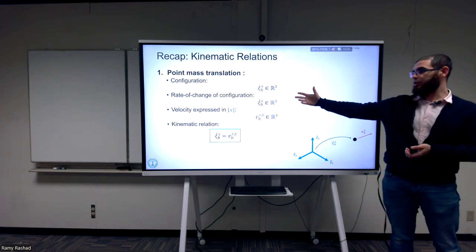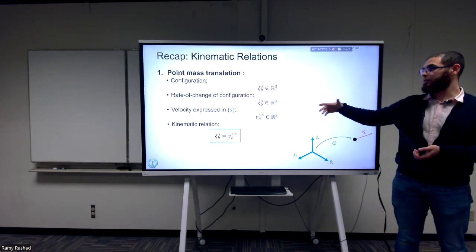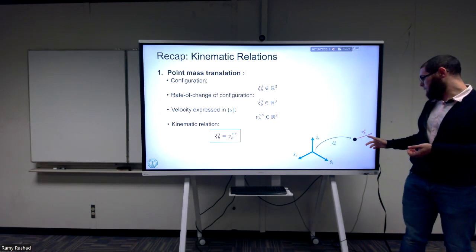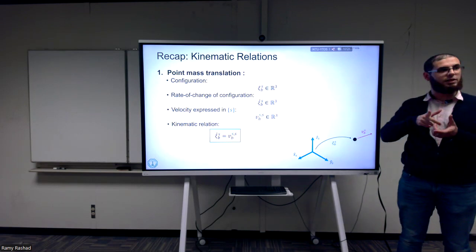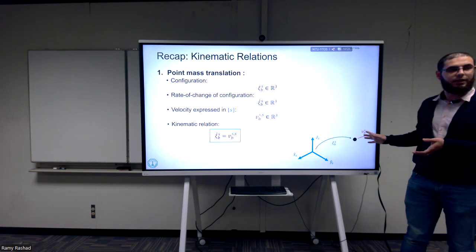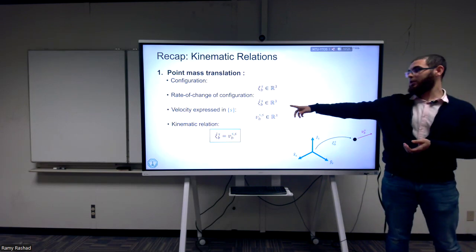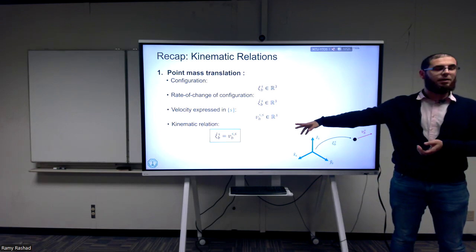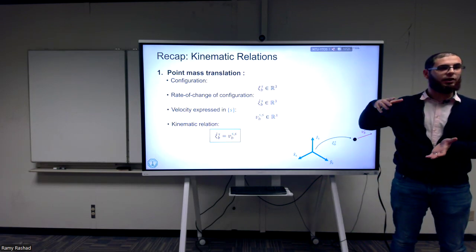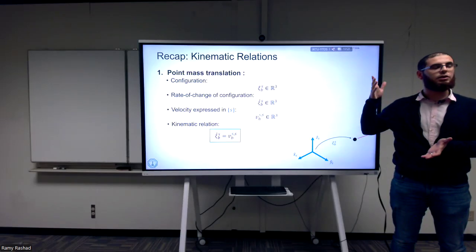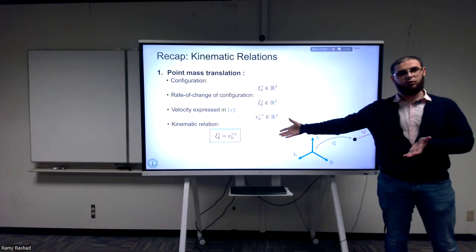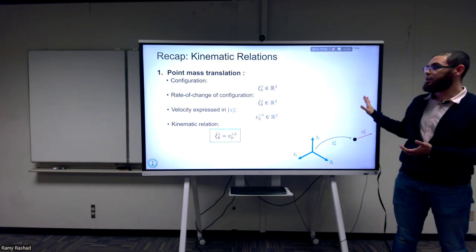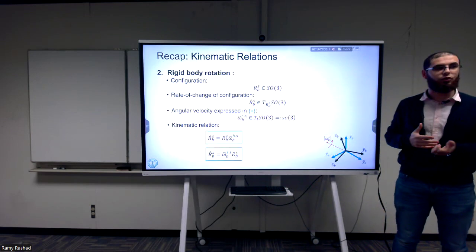The rate of change of the configuration is given by the time derivative of that. The velocity, which is how this object is moving, we can represent abstractly as a vector, or we can represent it by numbers in the frame S. And then the kinematic relation is simply that the rate of change of the position variable is equal to the velocity.